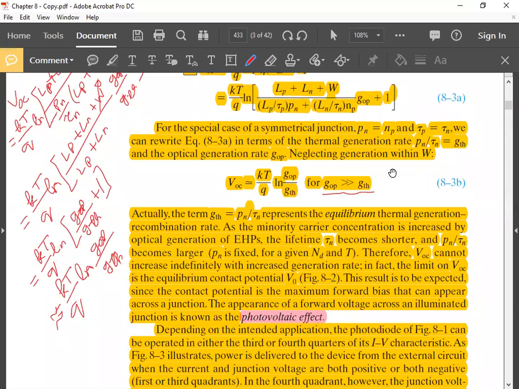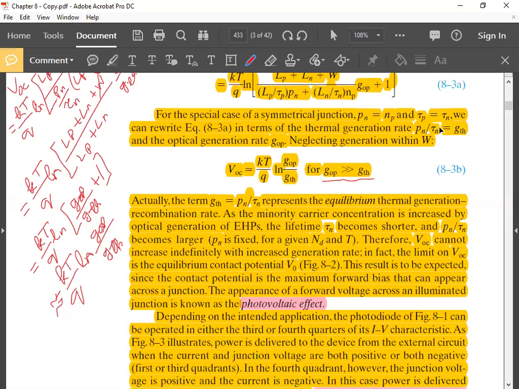So if electrons and holes increase, recombination rate increases, and the recombination lifetime gets decreased. That means tau n will decrease.